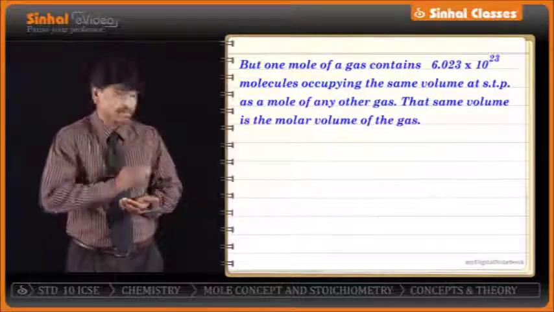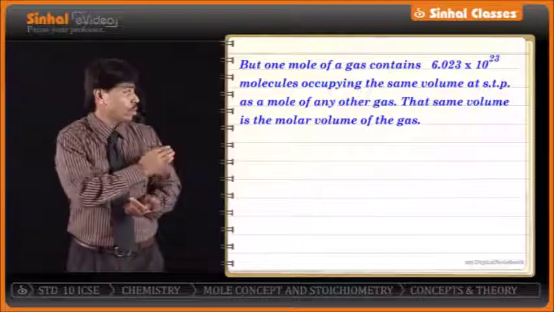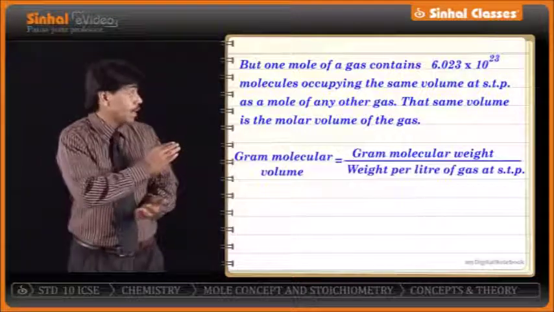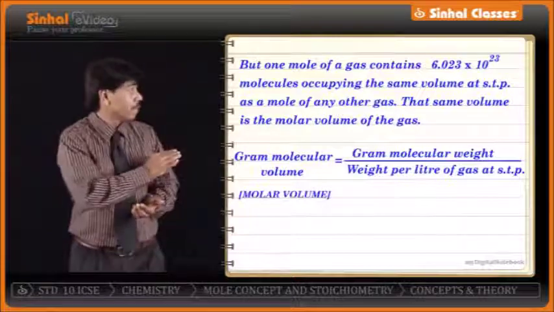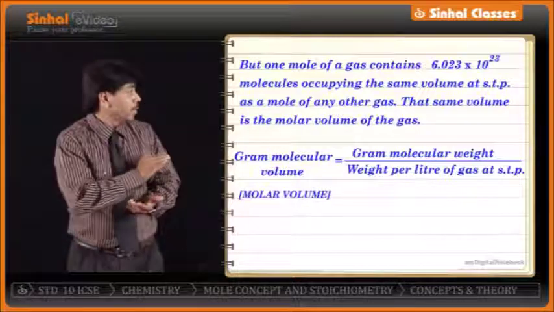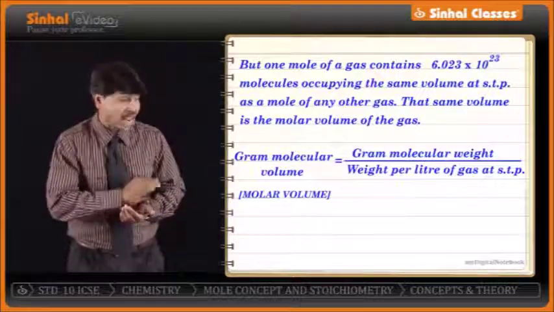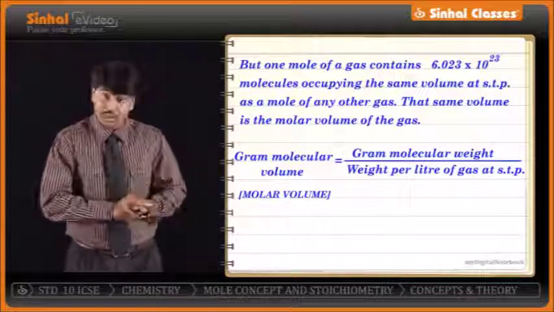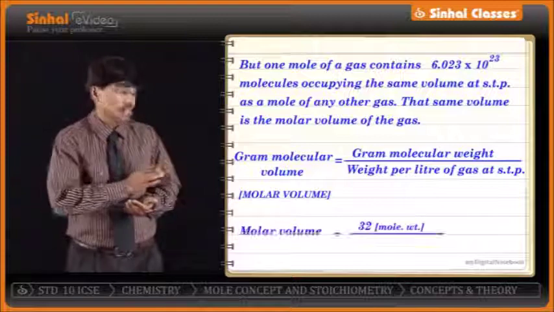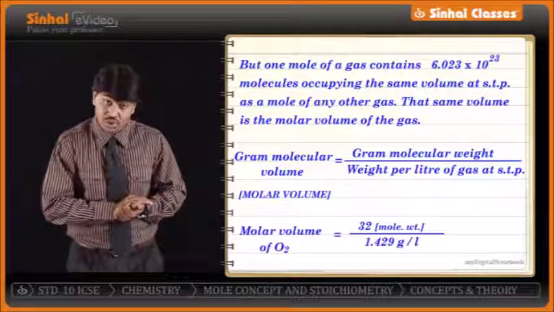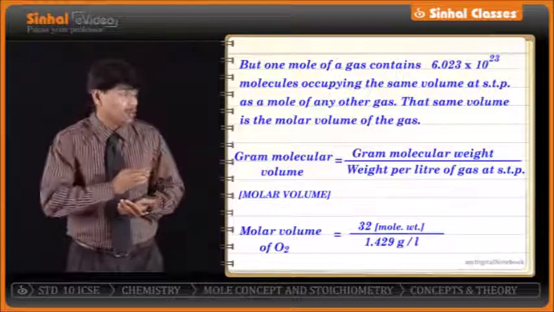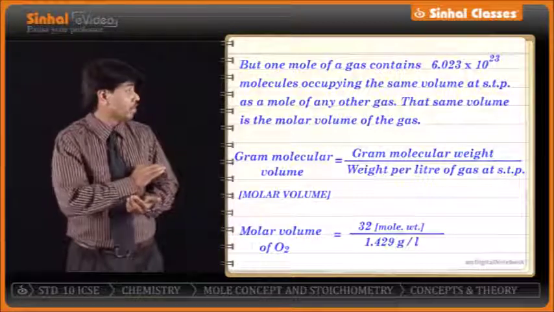How do we calculate the molar volume? That is gram molecular volume. It is equal to the ratio of gram molecular weight divided by weight per liter of the gas at STP. Say for example, if I want to find out molar volume of oxygen, oxygen molecular weight is 32 divided by 1.429 grams per liter.